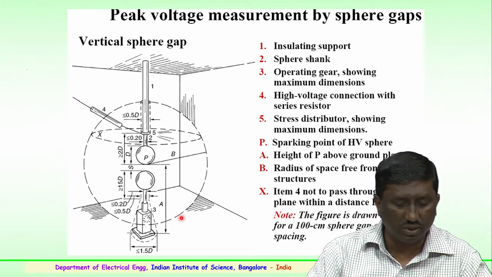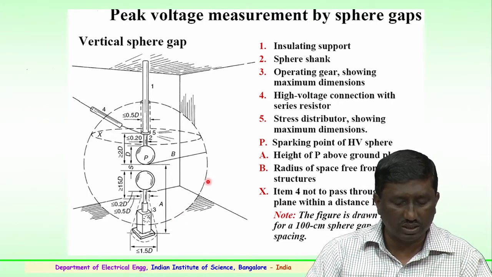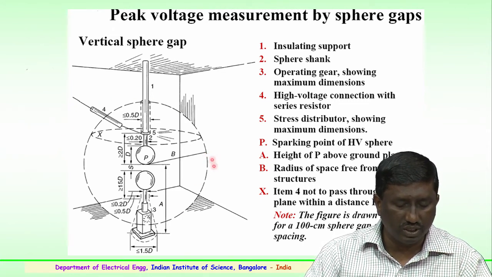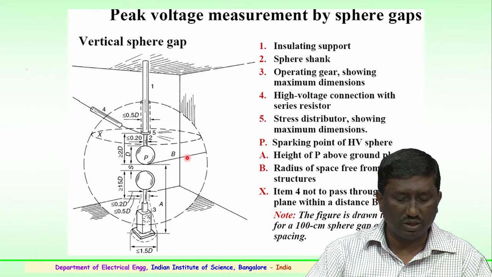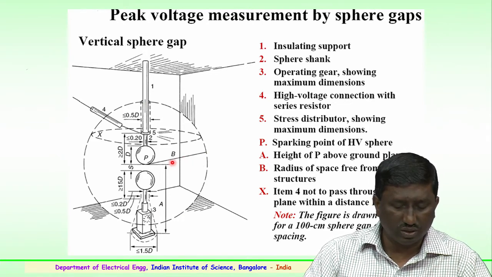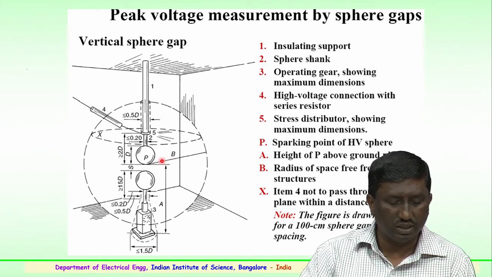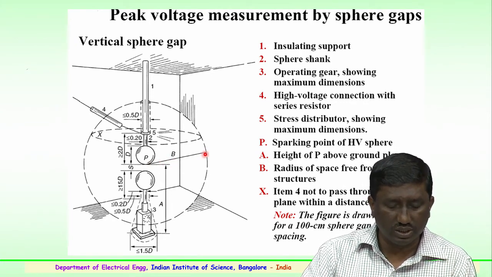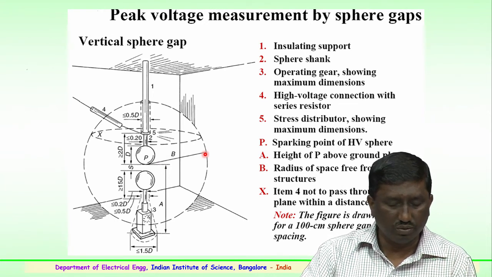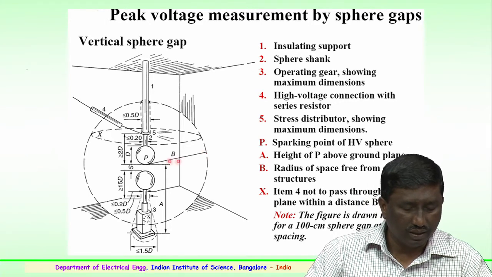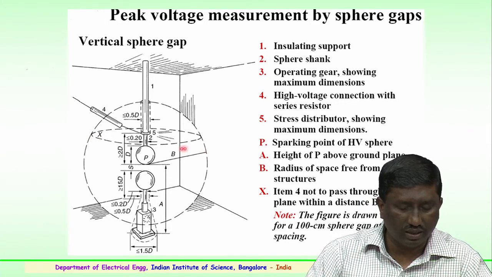So, it is advisable that external metallic structures should not be in the vicinity of the sphere gap assembly. The minimum radius as mentioned in the standard is to be followed, and this shows the minimum clearance that has to be maintained. Then X, you can see the dotted line here, a spherical type of arrangement.